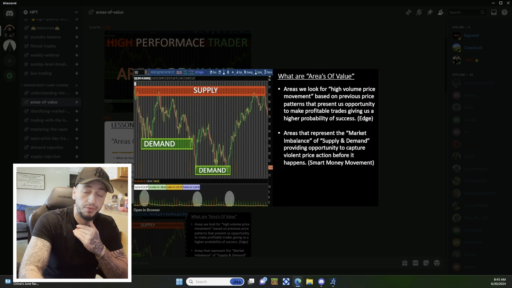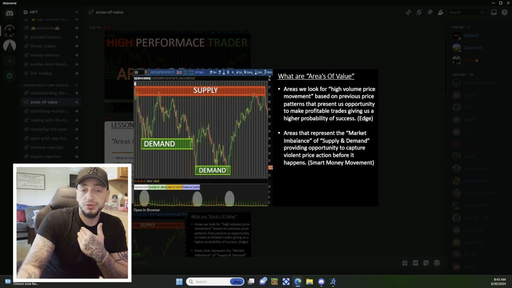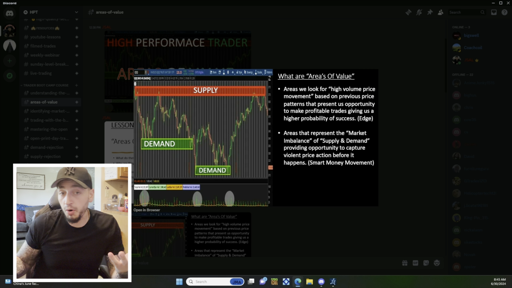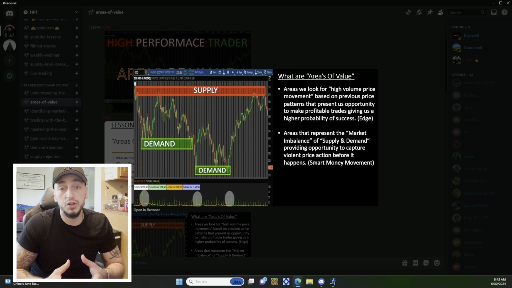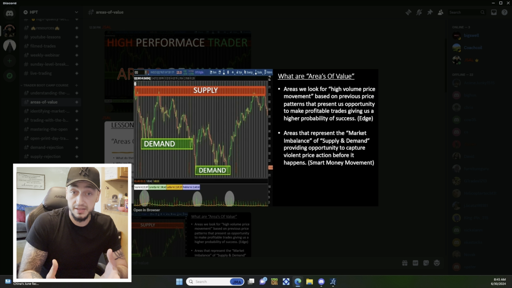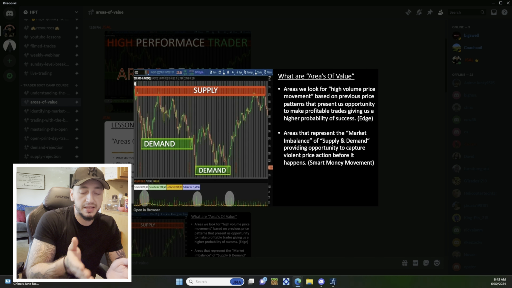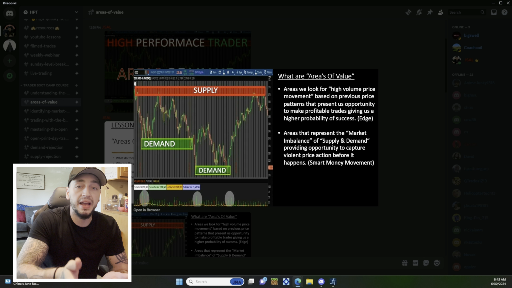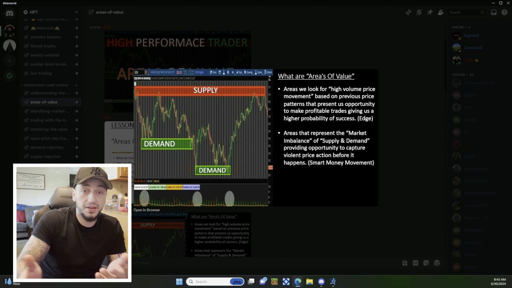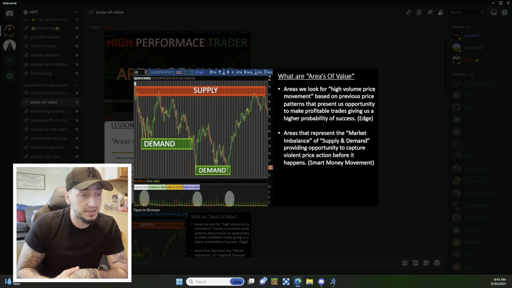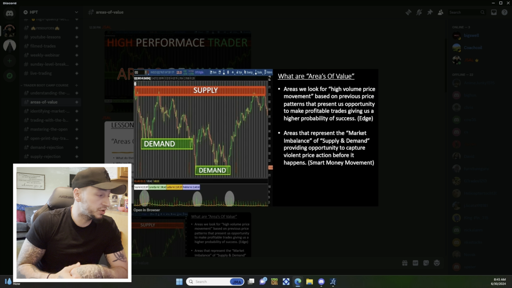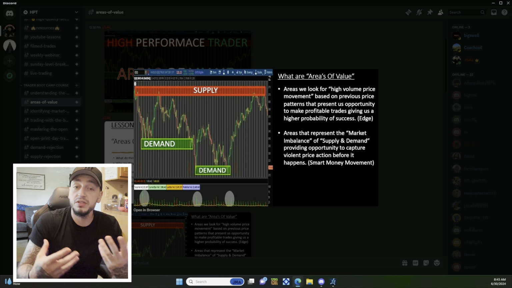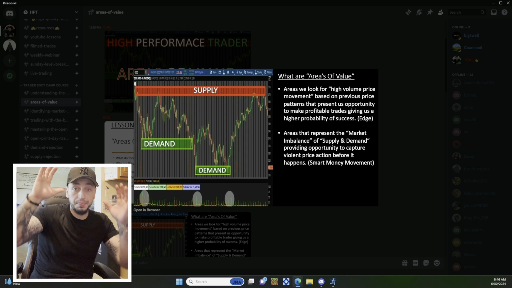Let's bring it back. Us as retail traders, we can't move the market. We must come to the conclusion that we cannot move price. So for us to make consistent money, we have to understand and identify what large money's doing. They move price. It's a battle of bank versus bank. It's a battle of Warren Buffett versus somebody else with tons of capital. It's the big fish.